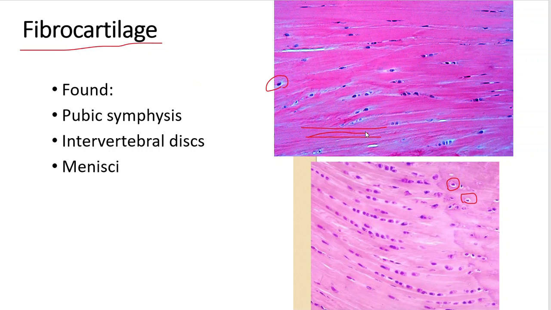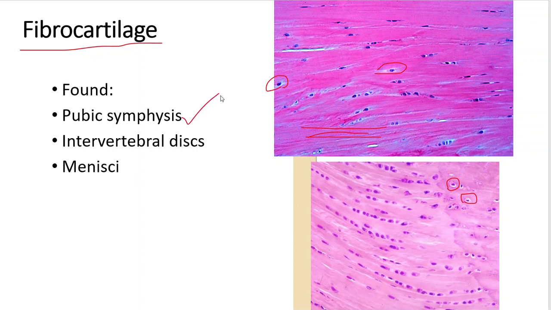So they don't look like hyaline cartilage. They don't look like elastic cartilage. If you try to zip through this, you may think this looks like dense regular. There's some similarities, but dense regular does not have cells sitting in lacunae. Where are you going to find this?